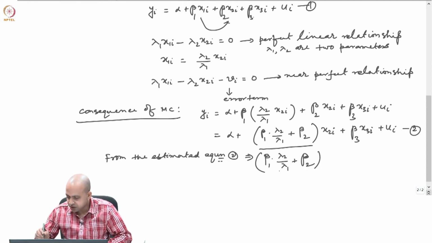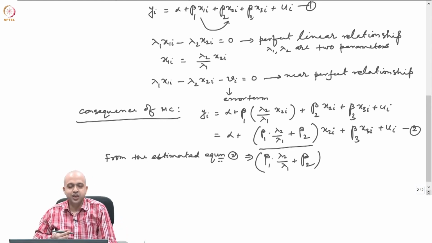So I will get only the combined value of beta 1 and beta 2, while my objective was to get beta 1 and beta 2 separately.